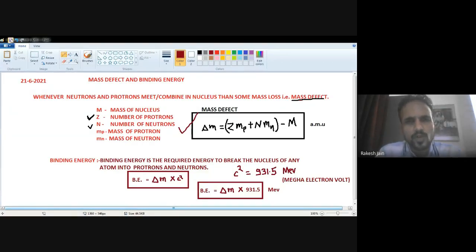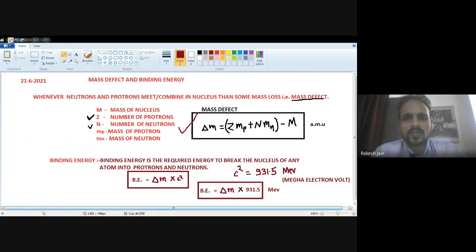Whenever those neutrons and protons in the nucleus combine with each other, there is some loss of mass. That loss of mass is termed mass defect, and it depends on the total mass of the nucleus, the mass of the protons, the mass of the neutrons, the number of protons and the number of neutrons present in the nucleus.